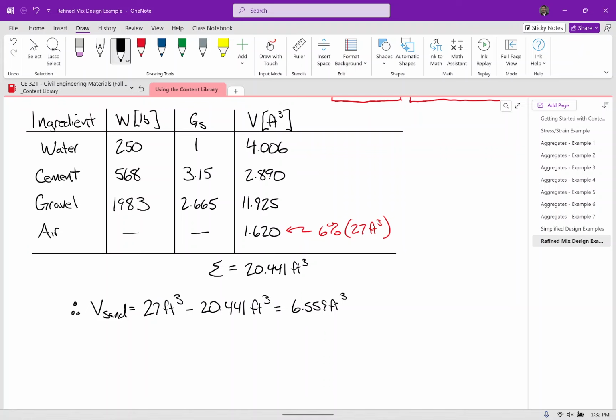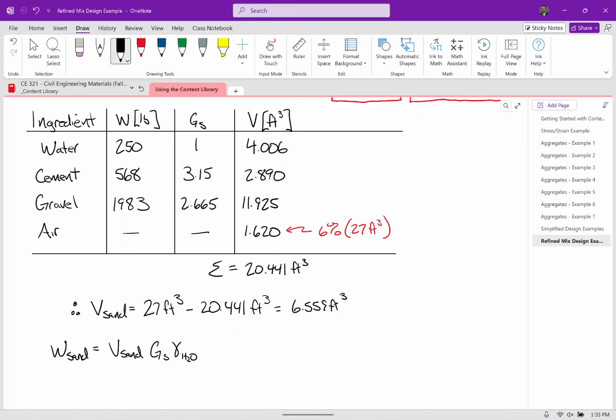Sound good? And if we have the volume of the sand, we can therefore get the weight of the sand by taking the volume of the sand times its unit weight. What is its unit weight? It's specific gravity times the unit weight of water.